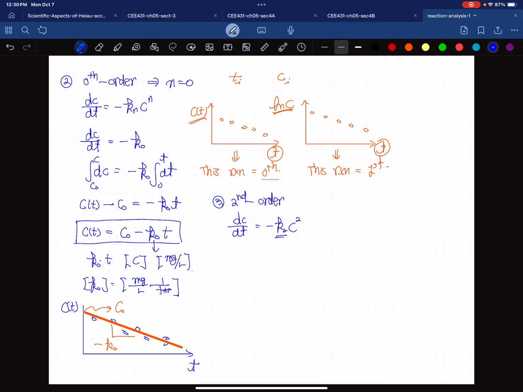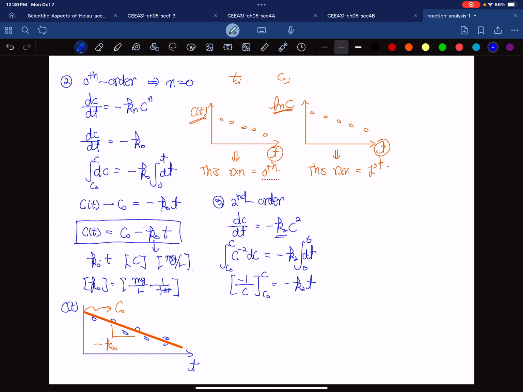If you reorganize it, then dC over C squared equals negative k2 dt. You integrate from 0 to t, and from C naught to C. If you integrate 1 over C squared, that would be negative 1 over C, from C0 to C, which equals negative k2 t.